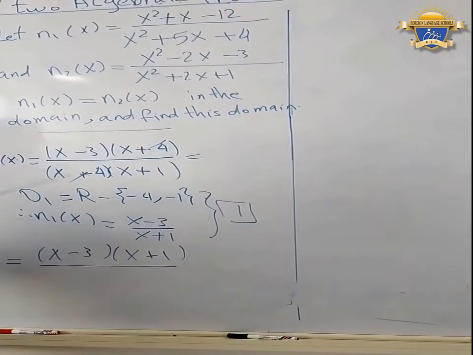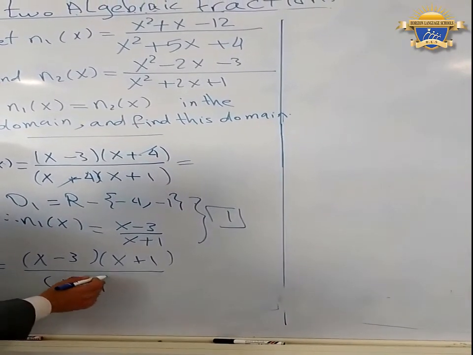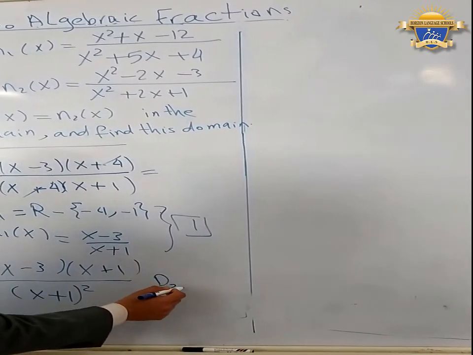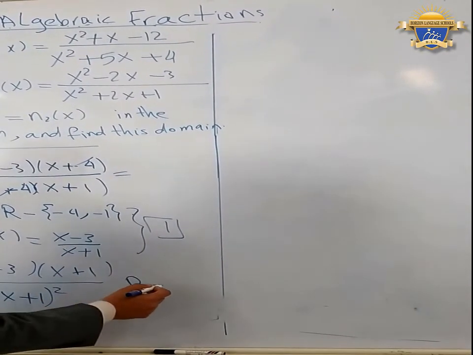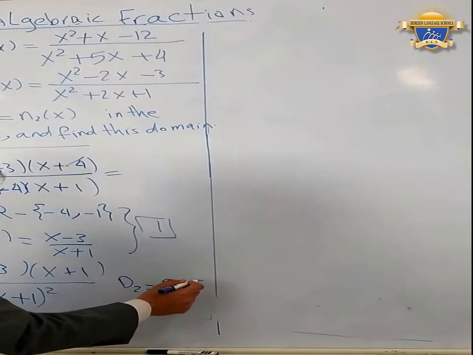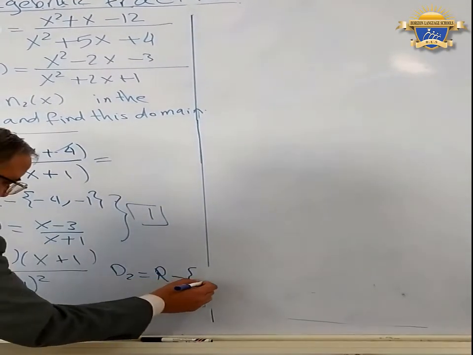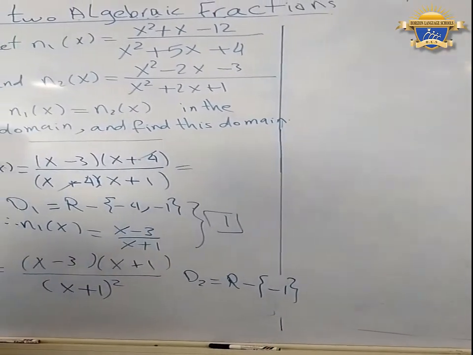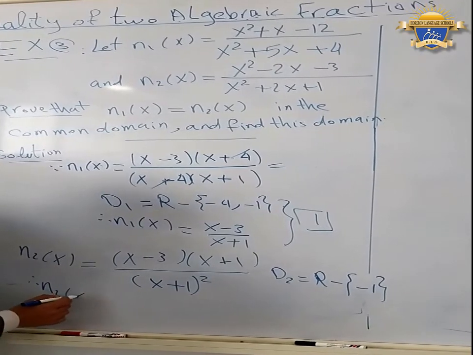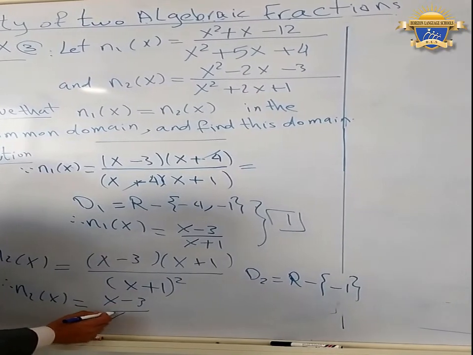The numerator is x minus 3 and the denominator is a perfect square, x plus 1 squared. The domain D2 equals R minus the set of zeros of the denominator, which is negative 1. Removing the common factors, N2 of x equals x minus 3 over x plus 1.